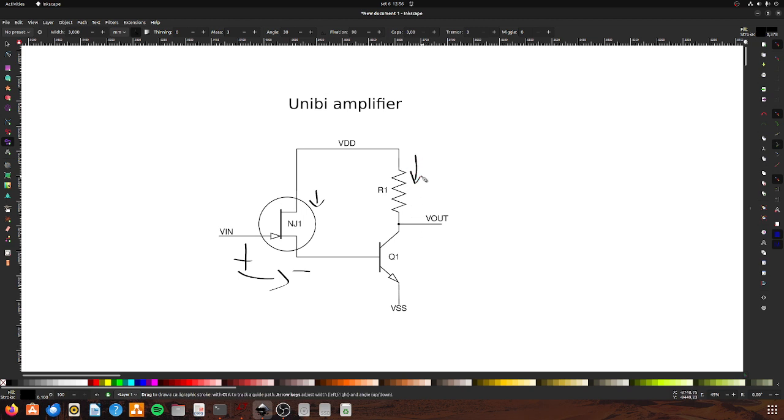And this current over here will be IB, multiplied by beta.